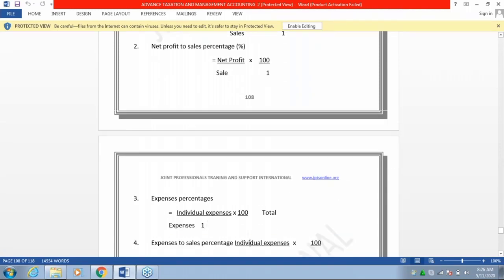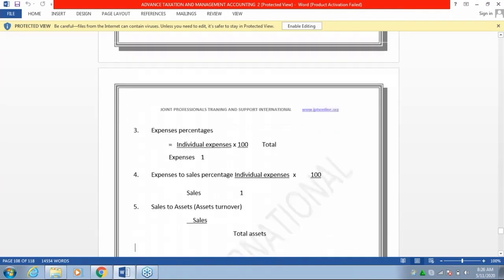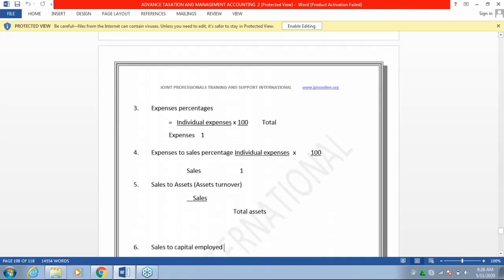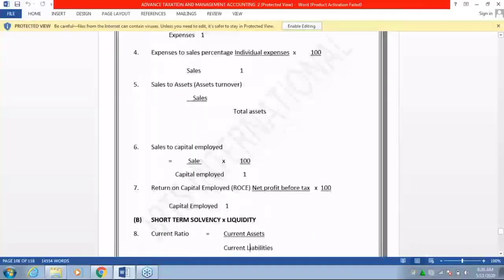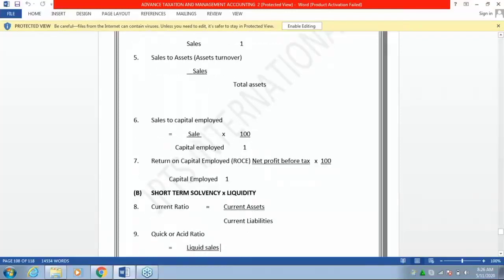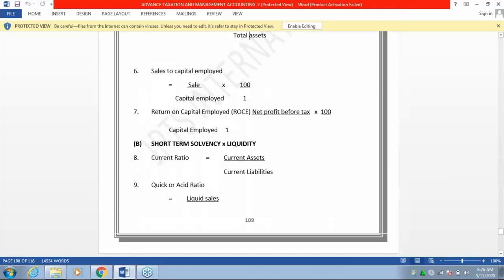Then we have expenses to sales percentage, individual expenses all over sales multiplied by 100 all over 1. Then we have the sales to asset, that is asset turnover, and that is sales all over total assets. Then we have the sales to capital employed: sales all over capital employed multiplied by 100 over 1.